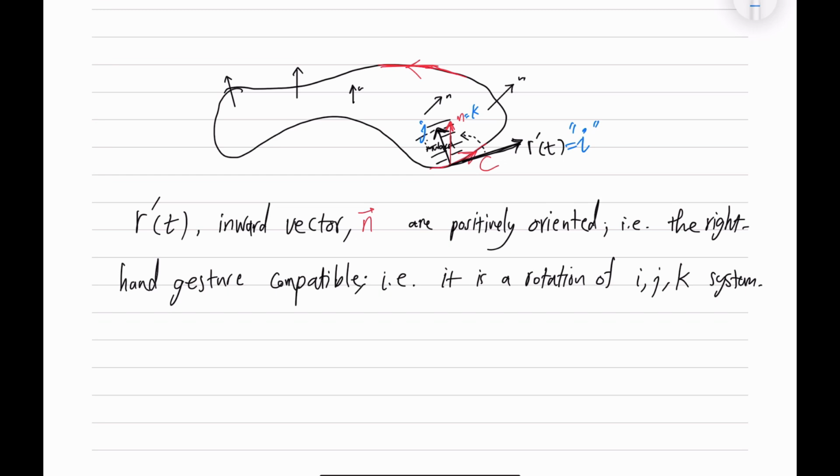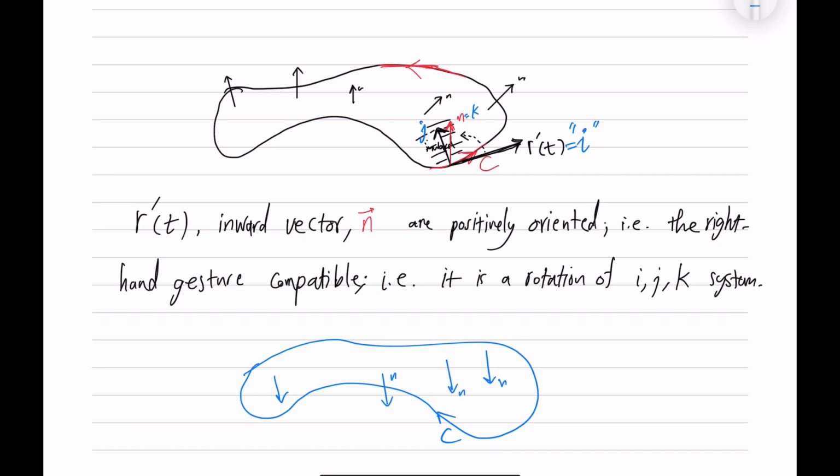That means the other choice, where Stokes' theorem will still hold, would be if C moves in that direction, and in that case we have the choice of normal vectors pointing downward. So if we have these two choices for the vector n and for the orientation of C, again we are compatible.